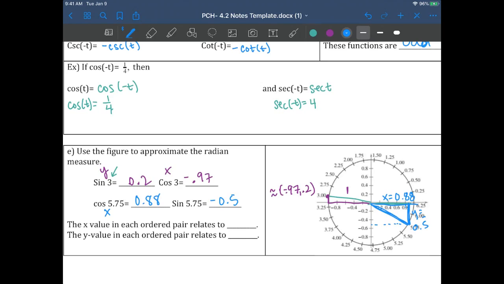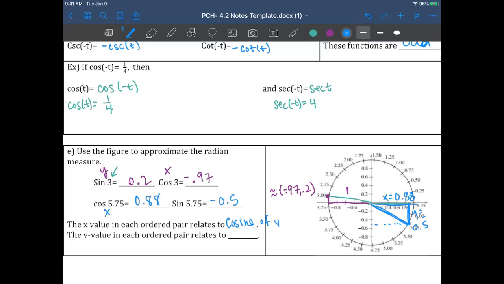So the x in each ordered pair relates to the cosine of your angle. Actually, we can write it out. I don't know why I keep saying these backwards. I apologize. Okay, the x value relates to the cosine of your angle, you should know this from the Ferris wheel.